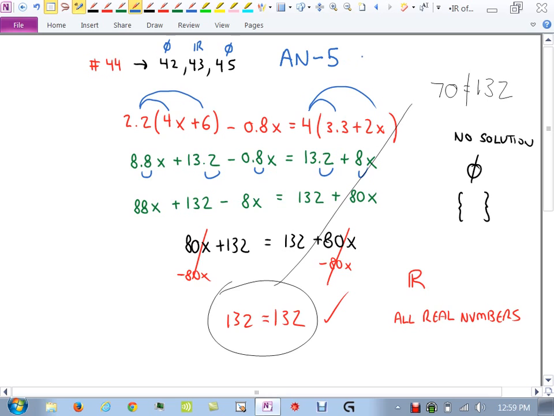AN-5. And you're looking in the chapter 2 review section. AN-5 stands for answers, page 5 in the back. And it has the answers to evens and odds. For chapter reviews, it gives you both.